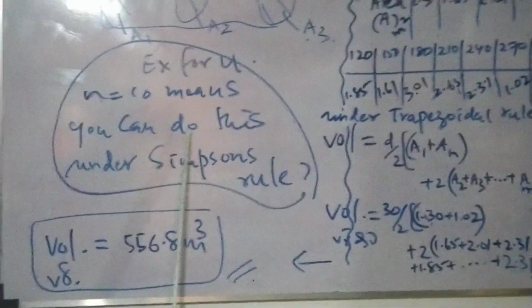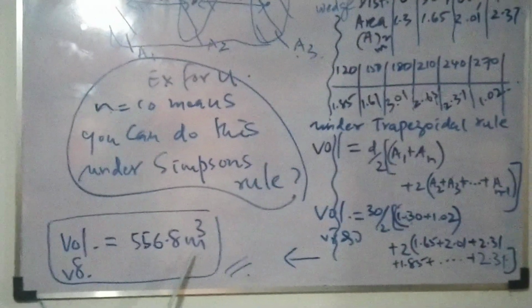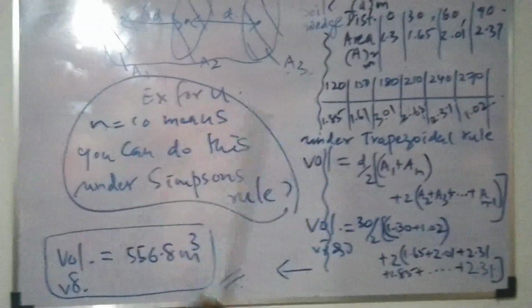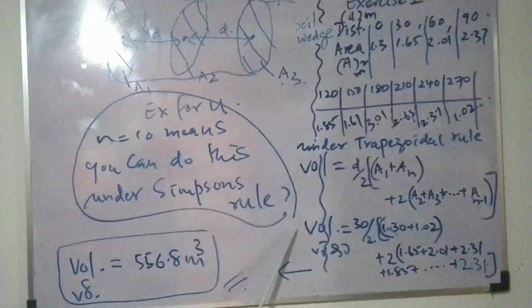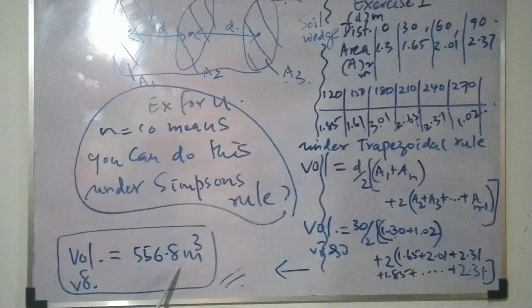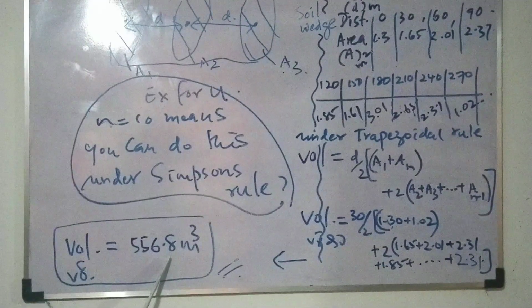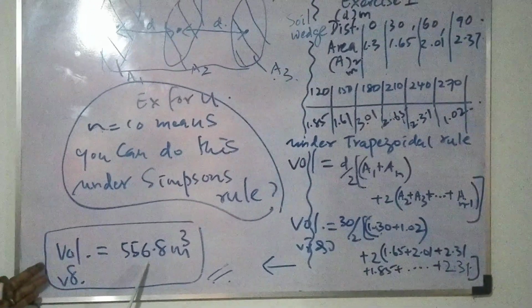The volumes in the two methods should be equal or very near. Your answer should be very near to 556.8, like 560 or 540, like that. It's okay. That's all, right?